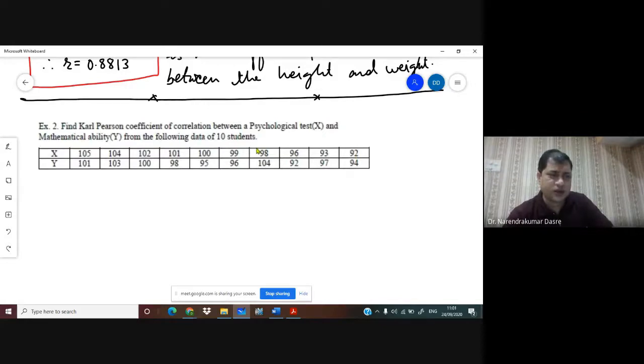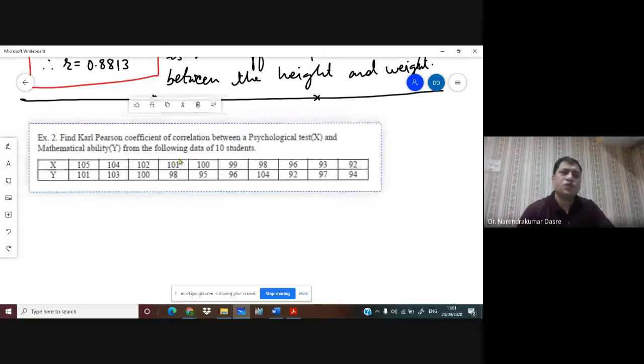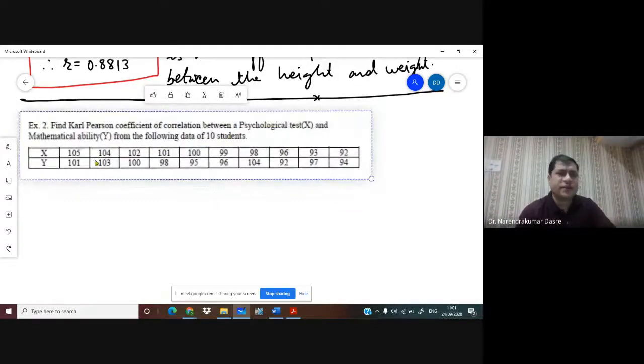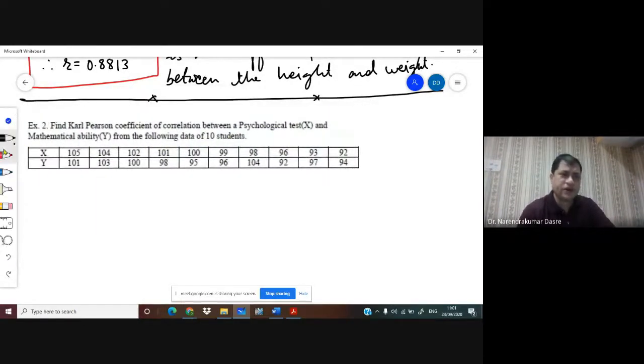So that also we have to consider. Let us try what we get for this. We have the x parameter to be the psychological test, and the y parameter to be the mathematical ability.